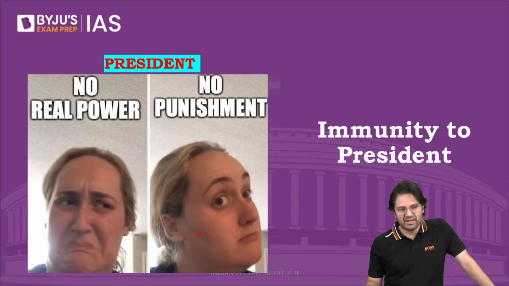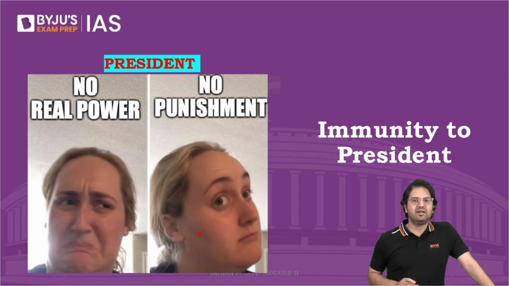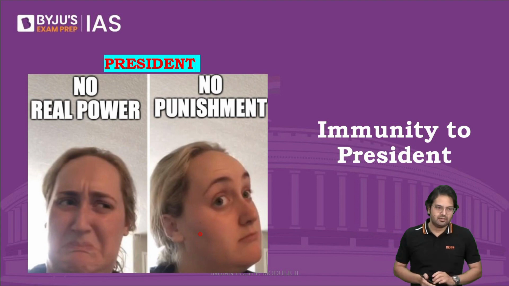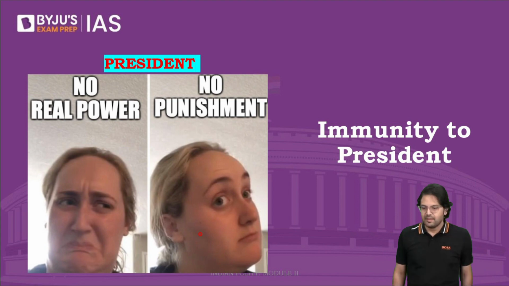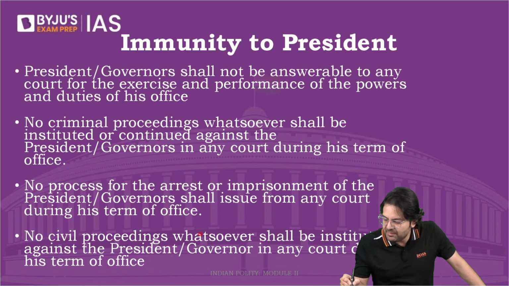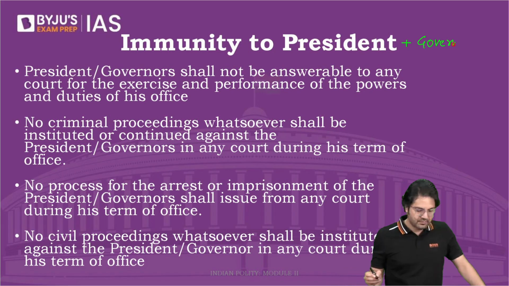Since this person has no real powers, it is only logical that we do not punish the person. And this is what is there under Article 361: immunity to the president. This is not just for the president, but the same article is for governors also. So I'm writing governors here.